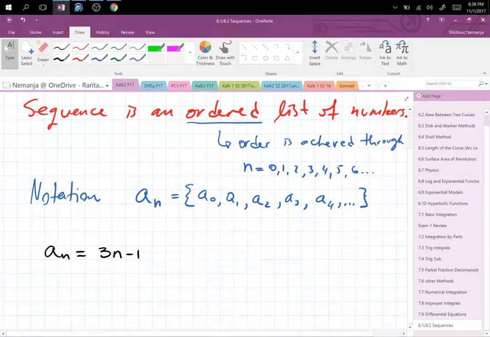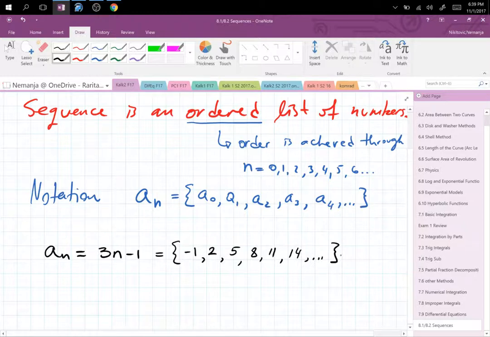So this is a sequence. You can write the elements of this sequence when you start using n equals 0. That gives negative 1. n equals 1, we get 2. n equals 2, we get 5. And then we keep adding 3, because that's how it worked out. You can compute all of these values.